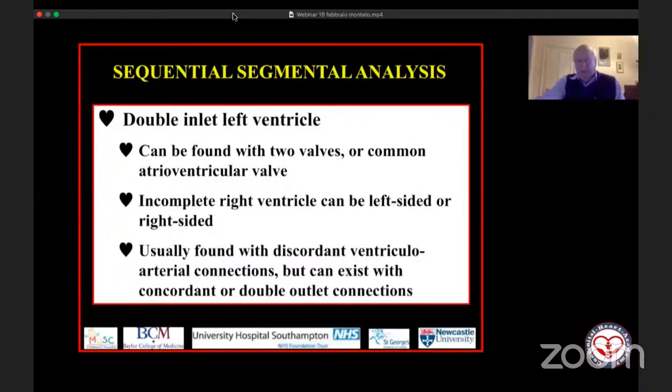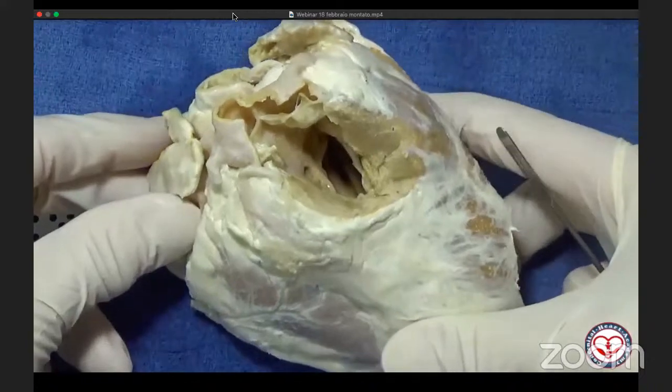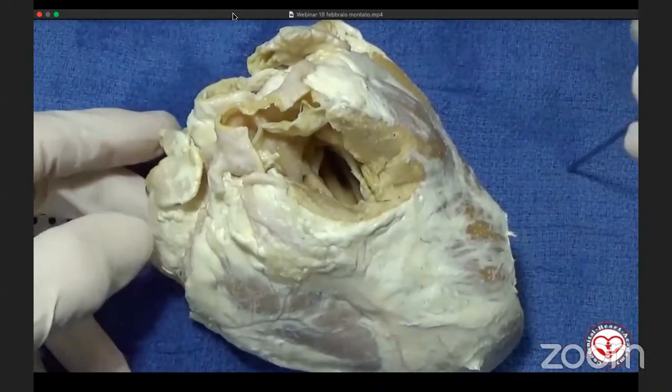We know that in most instances, it is found when the ventricular arterial connections are discordant, or transposition, but we can also find it with concordant connections, the Holmes heart, or with double outlet from either the incomplete ventricle or the dominant ventricle. Double inlet left ventricle is the classical form of univentricular atrioventricular connection.